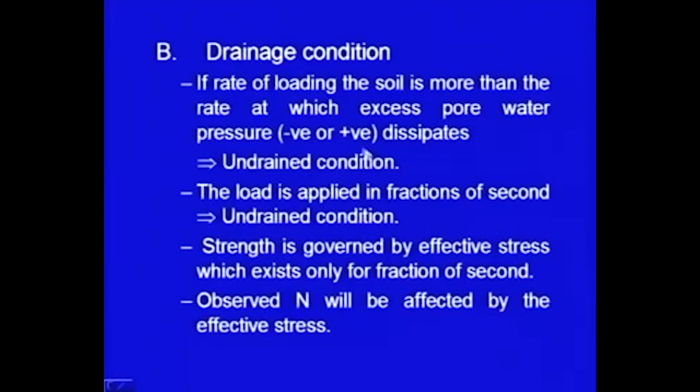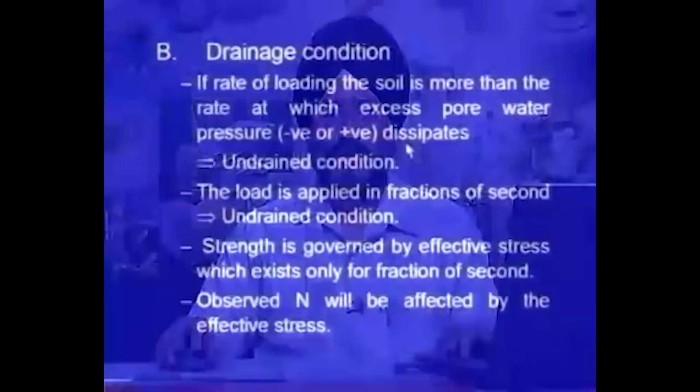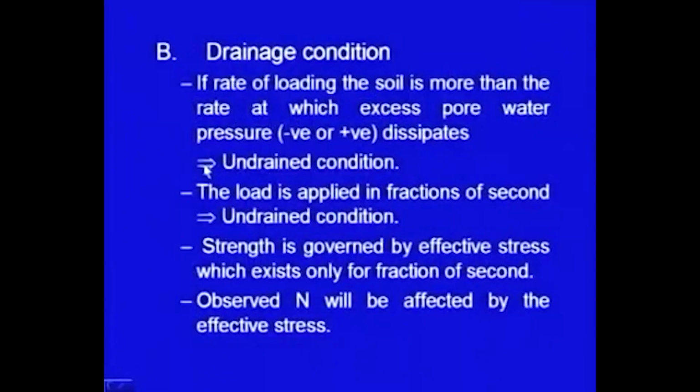It depends on the permeability of the soil, on the rate of dissipation of excess pore water pressure. So, if the rate of dissipation is very high, the condition will be drained, but if it is low, undrained condition will occur.